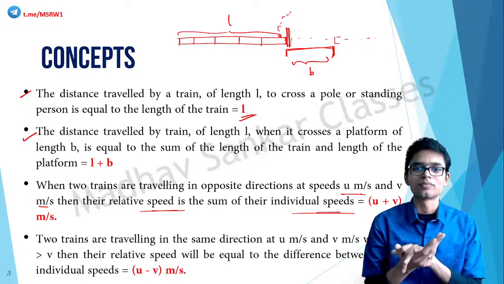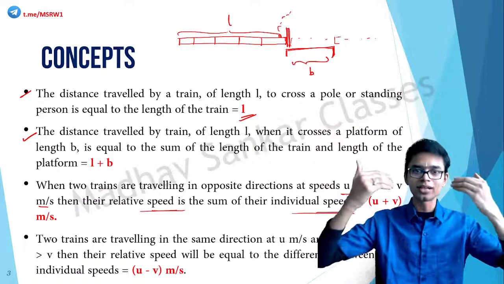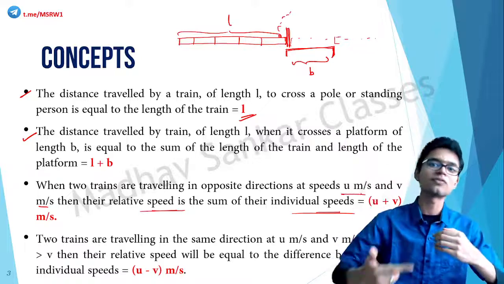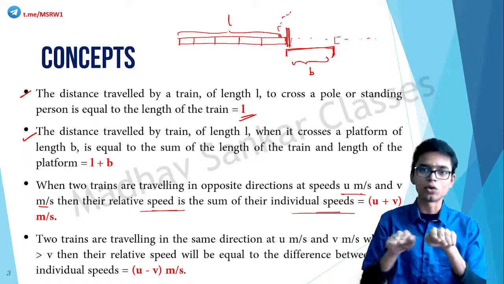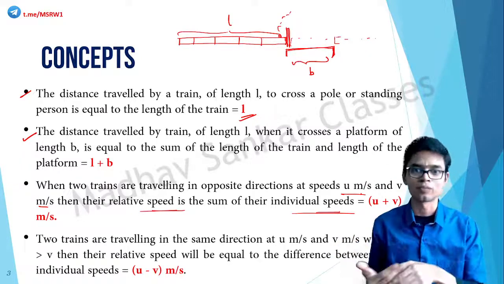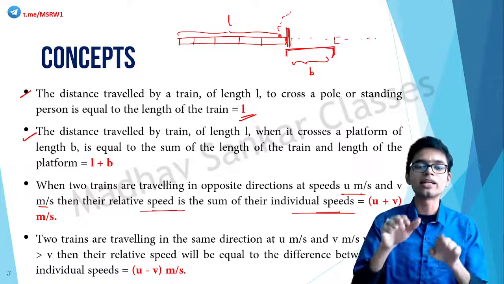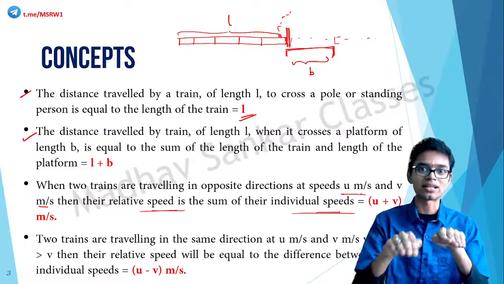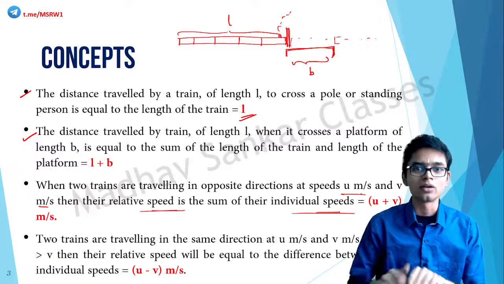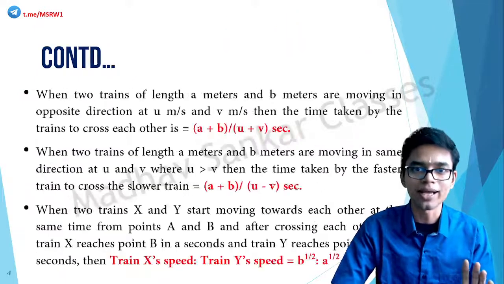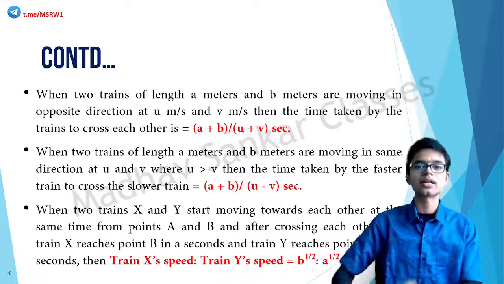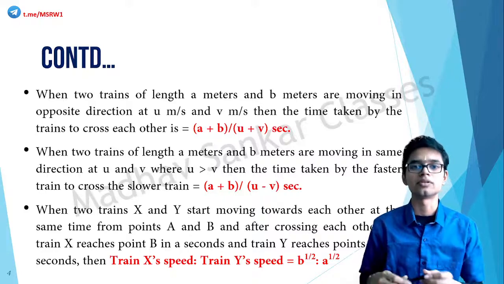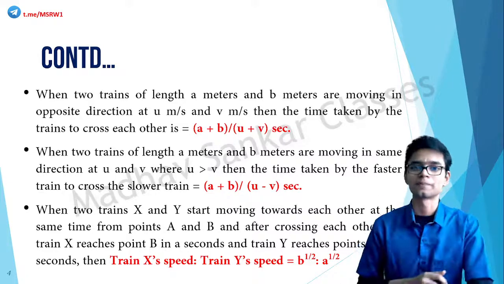No. A car that is coming in the opposite direction will cross you much faster than the car which is overtaking you. At least you feel so. Why? Because the relative speeds here will get subtracted. Okay, so keep these four concepts in mind, regarding speed, relative speed and distance.